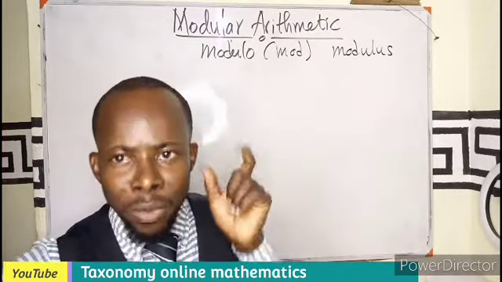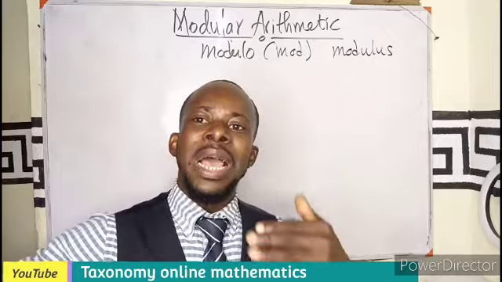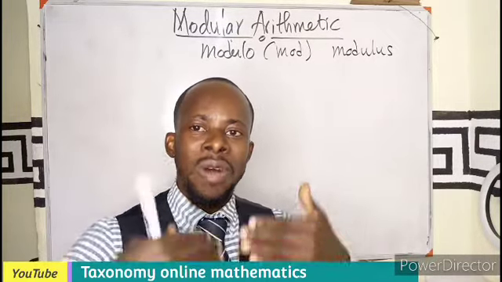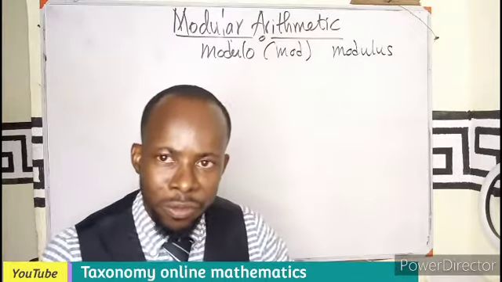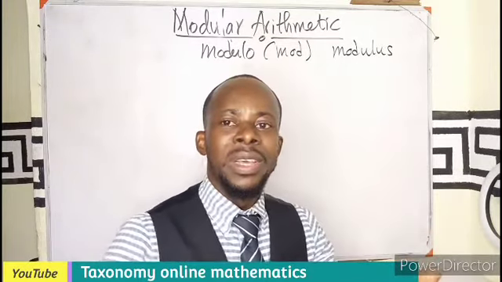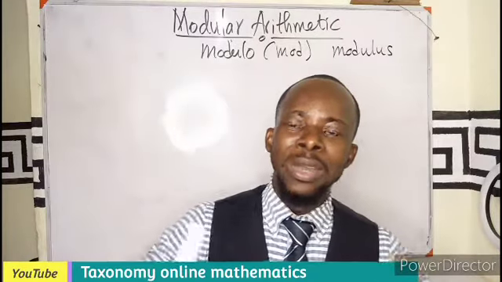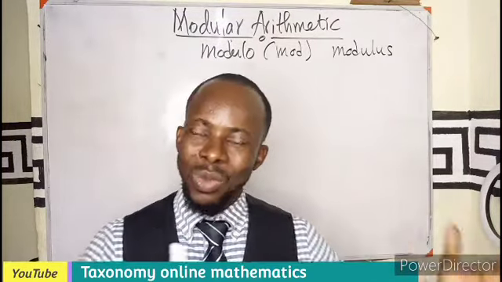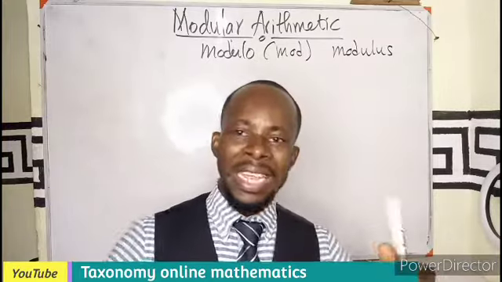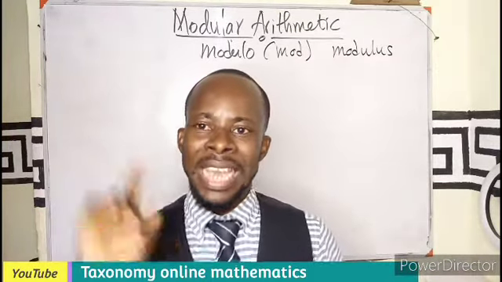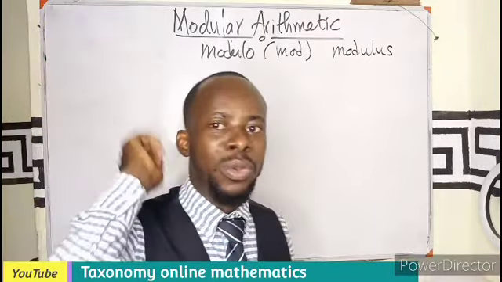Now, what is it about? Modulo or modular arithmetic is just about a process or an activity of rolling over. To roll over something, to move, which is not about continuity. You know, those days when we are in a class and a teacher wants to put us in groups, let's say we are about 30 students, but he is interested in having us in groups of 5. Then he starts by saying, all of us are going to give a number.